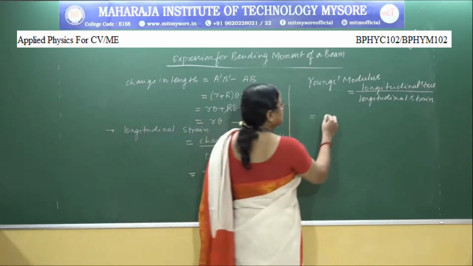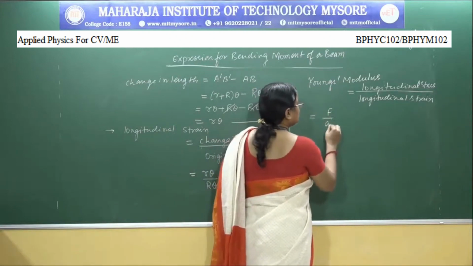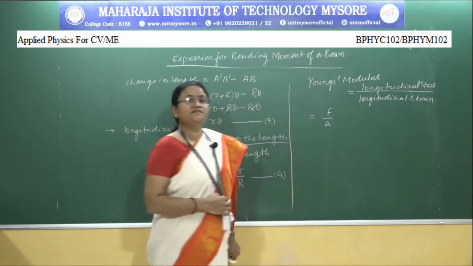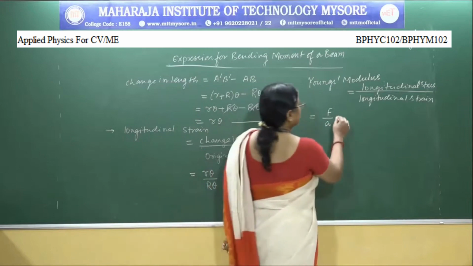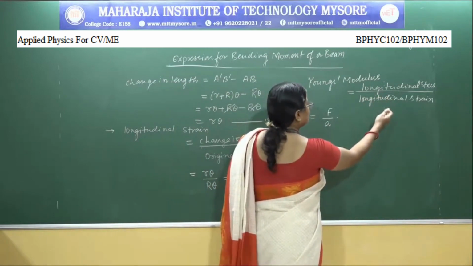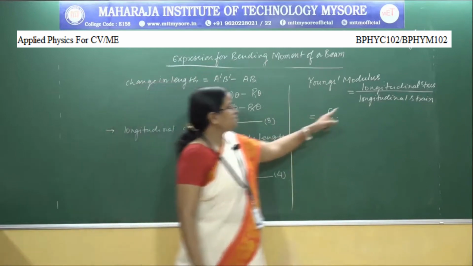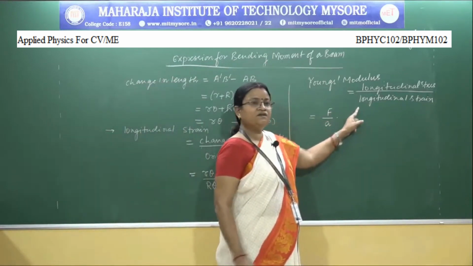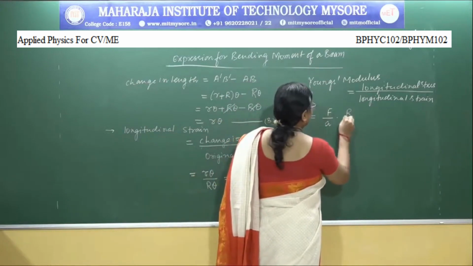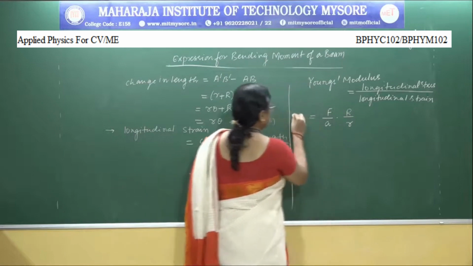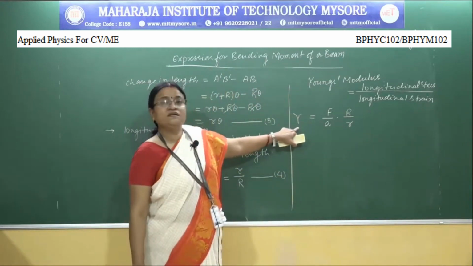So if we assume that the bending means stress is nothing but force per unit area, A is the cross section where the force is applied, and if we take longitudinal strain, we can write it as r divided by R. Here we can write it as r by R, and we define Young's modulus by capital letter Y.